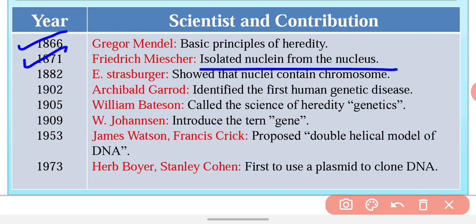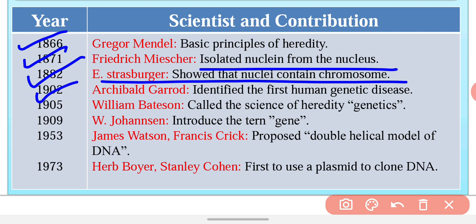Nuclein is also known as nucleic acid, and nucleic acid is divided into two parts. First one is DNA and second one is RNA. In 1882, Strasburger showed that nuclei contain chromosomes, and these are related to the genetic material.